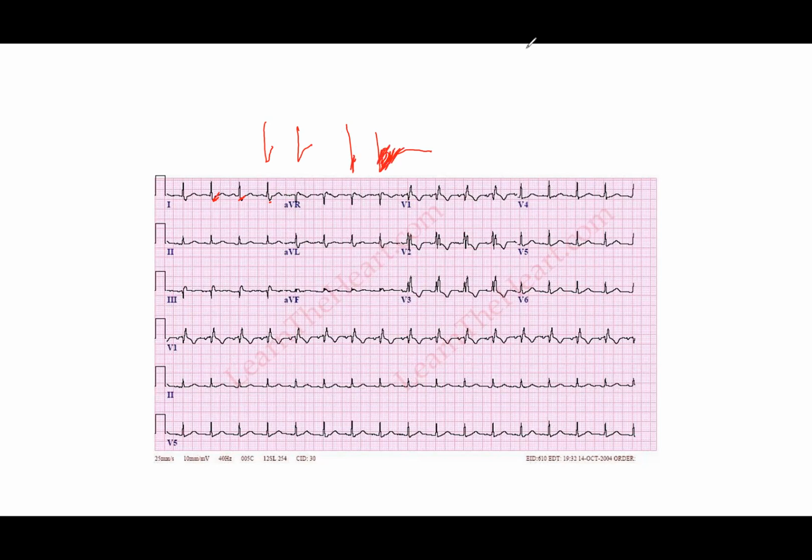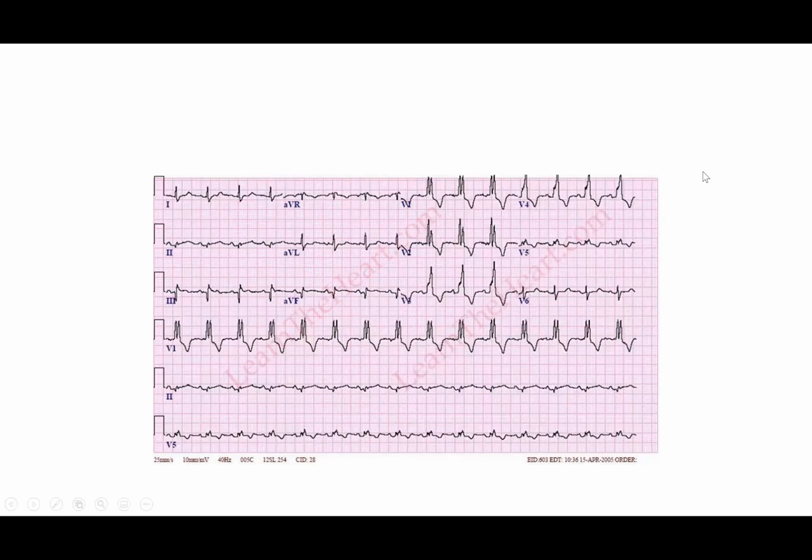So we have positive deflections in V1. We have slurred S waves in lead 1. Slurred S waves, hard to see, but some slurred S waves in V6. So this, my friends, would be a sinus rhythm with a right bundle branch block, because that electricity has been blocked going down that right bundle branch now. Everything's propagating over from the left side.